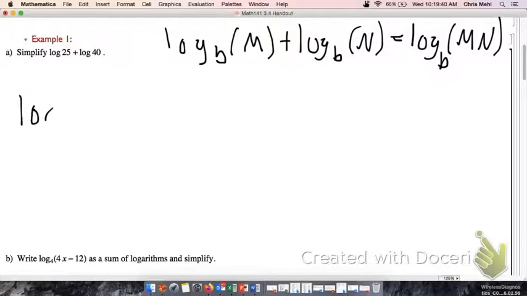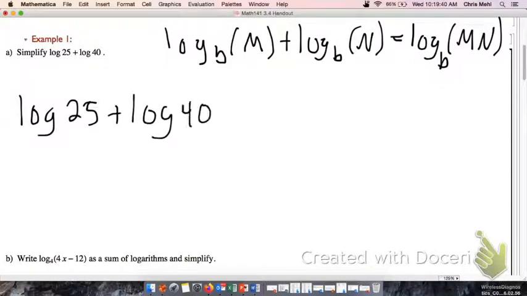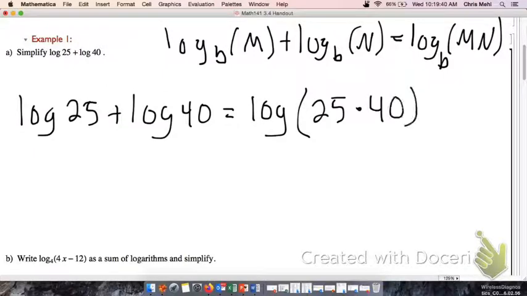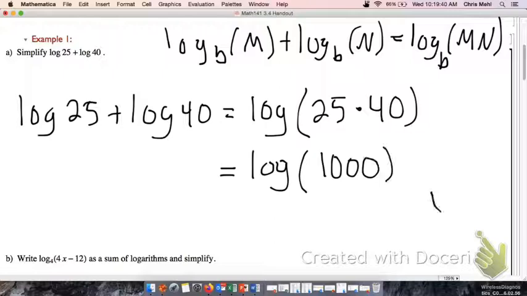Okay, so if I'm doing log of 25 plus log of 40, I can combine those two into a single logarithm if I multiply 25 times 40. I believe 25 times 40 would be 1,000.